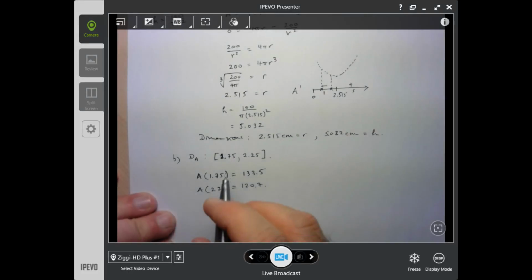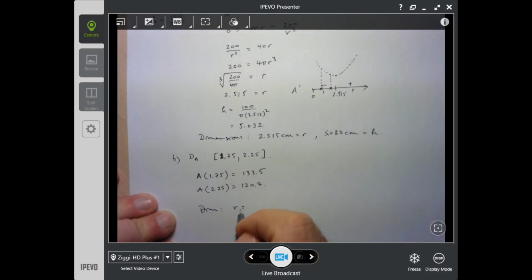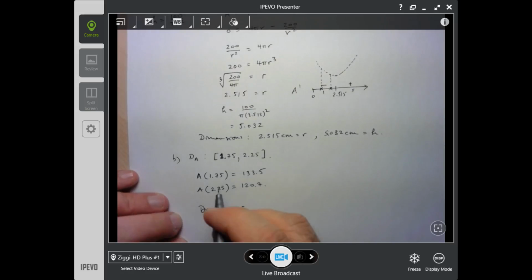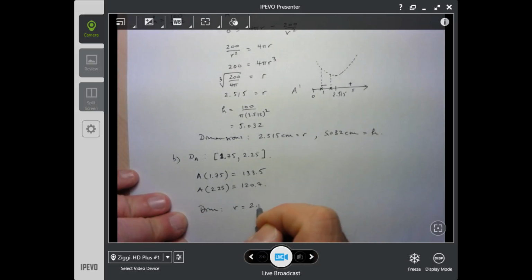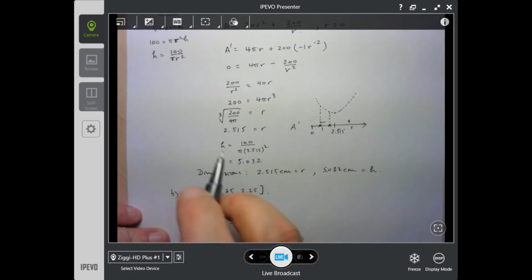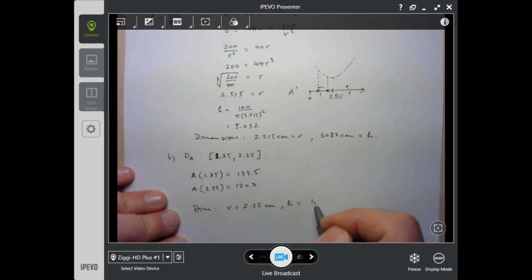Of course what I'm looking for is the min, and so our dimensions in this case are going to be a radius of 2.25 and a height of, again, let's stick this into our equation, 100 over pi times 2.25 squared.